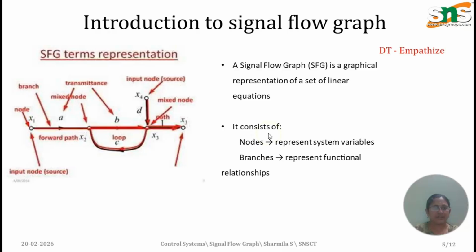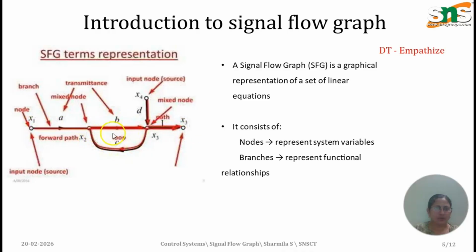Now let us see the SFG terms representation. In this diagram, x1, x2 and x3 are available. The x1 node represents the input node and acts as a source node. The arrow between the points is represented as a branch, and the value of A is represented as the transmittance value. The x2 is a mixed node because it has both a source and an output.